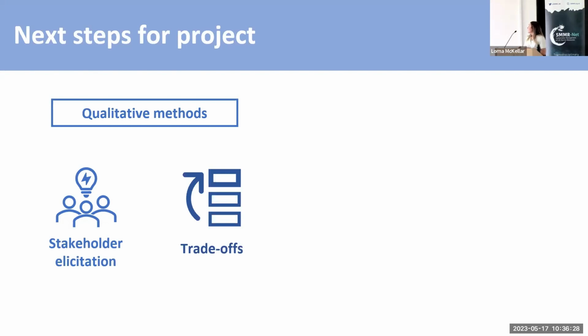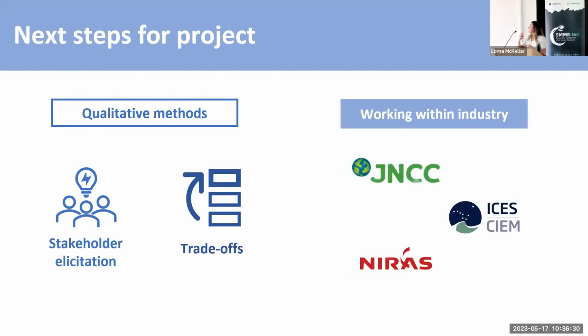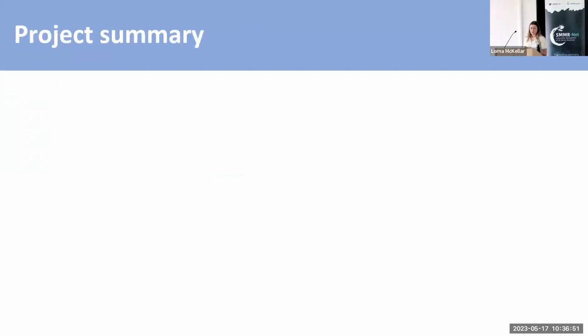And then I'm also working within my partner organizations, JNCC, ICES, and NIRAS, in order to really understand where some of the gaps and the challenges around this research area are at the moment, and how I can ensure that my findings are really going to be applicable in order to answer some of those questions and fill some of those gaps.